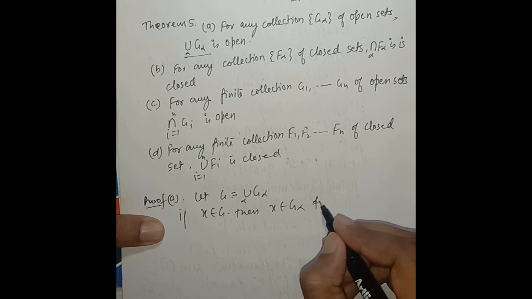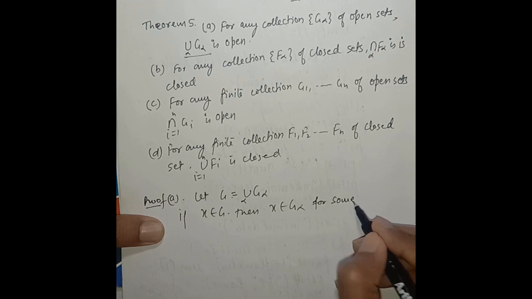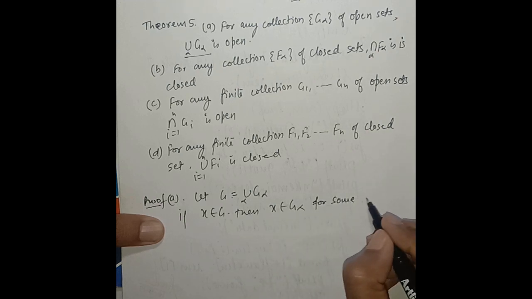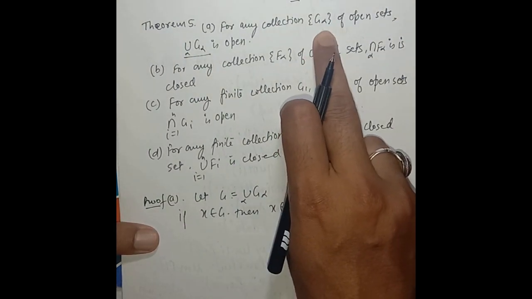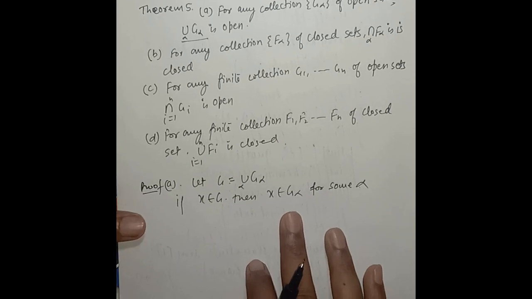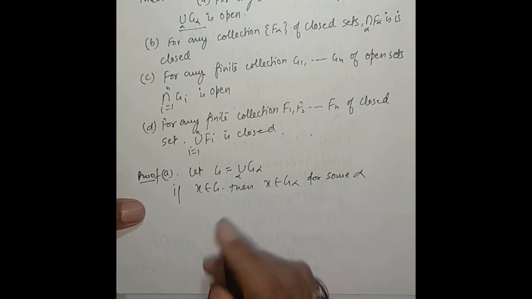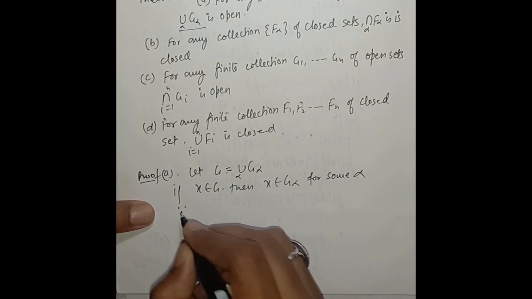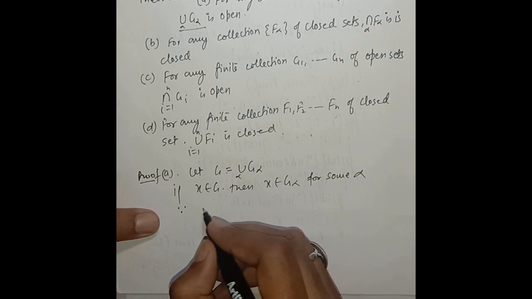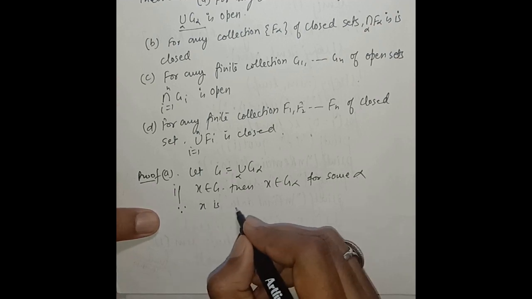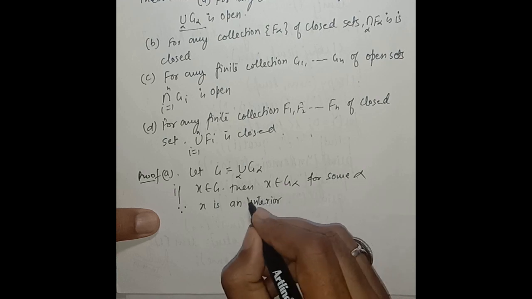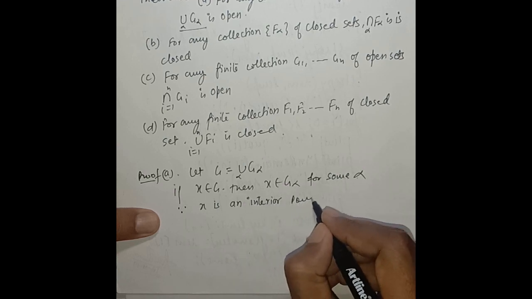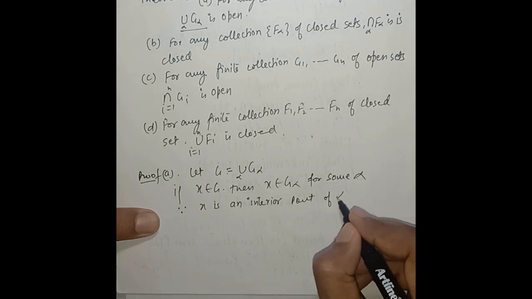For some alpha, G alpha is open, so it must contain a neighborhood of x. Therefore, x is an interior point of G alpha.